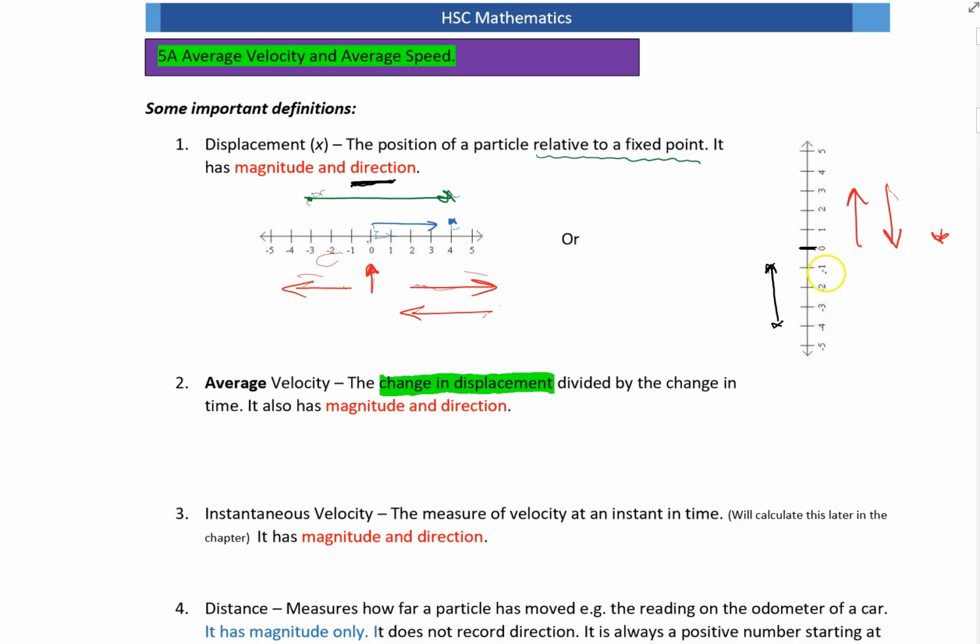We would say its displacement is -1 now, but its change in displacement is +3. It's a positive change in its displacement. It's gone in the positive direction, if it's gone from down here at -4 up to -1. So hopefully that's got that sorted.